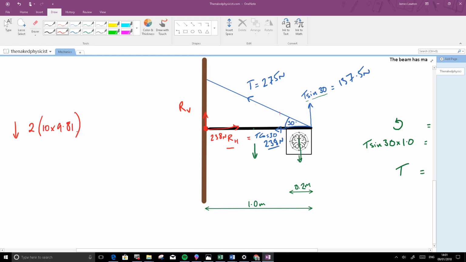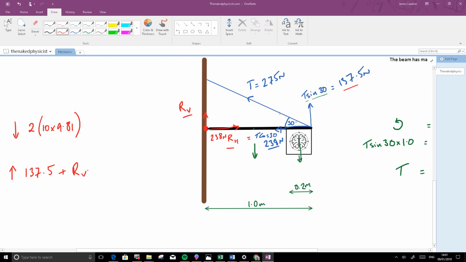That's the downwards forces. And the upward forces is, of course, T sine 30, which is 137.5, as we've just said over here, plus whatever this vertical reaction force is.